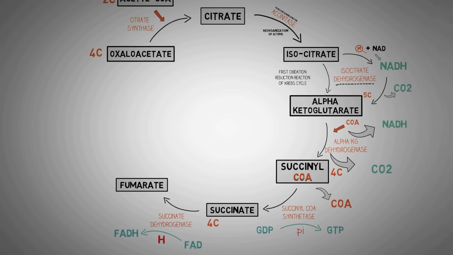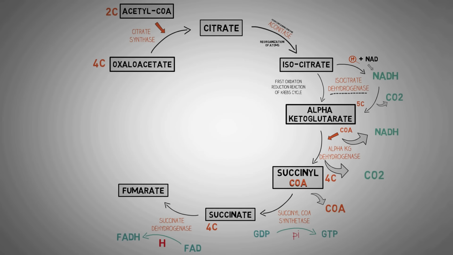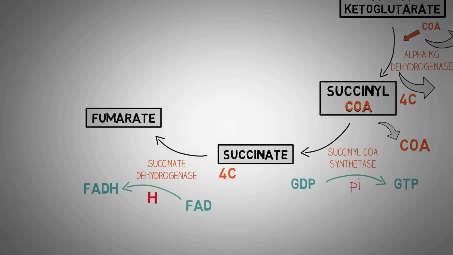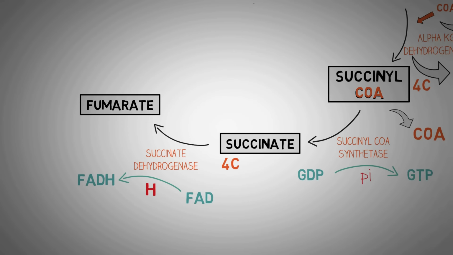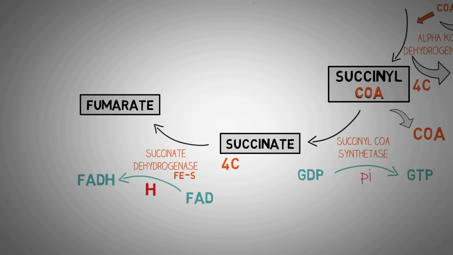Free energy change for 4 carbon compounds is less as compared to 6 or 5 carbon compounds that were present at the first half of the cycle. There is, however, an exception to this at the end of the cycle that we will discuss in a bit. Now, the enzyme involved in the conversion of succinate to fumarate is succinate dehydrogenase, which, like aconitase, is an iron-sulfur protein.